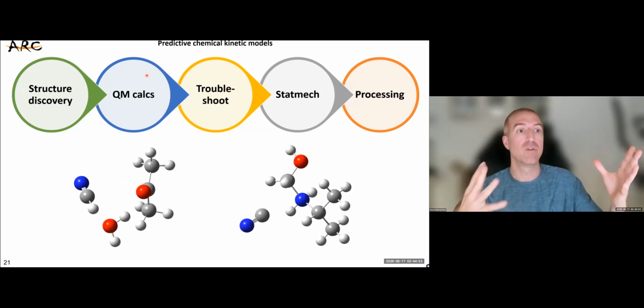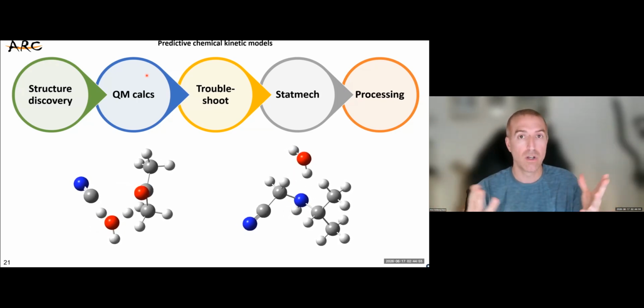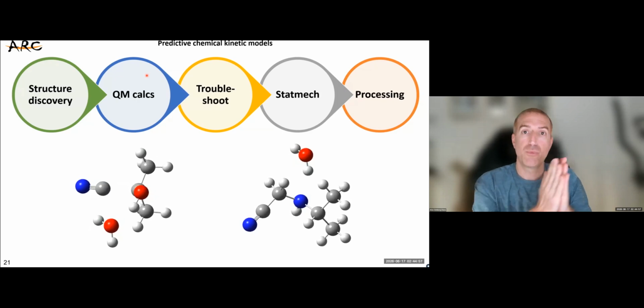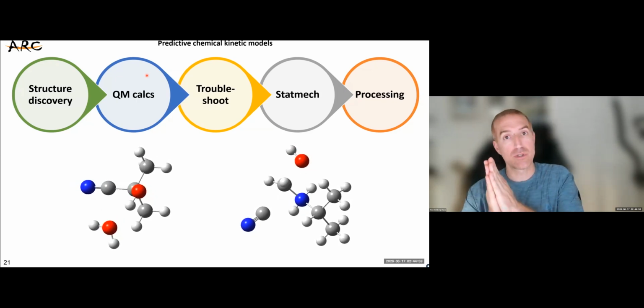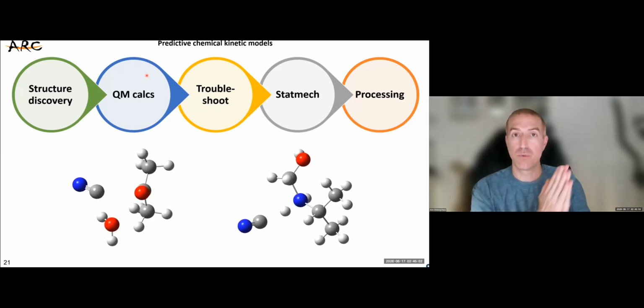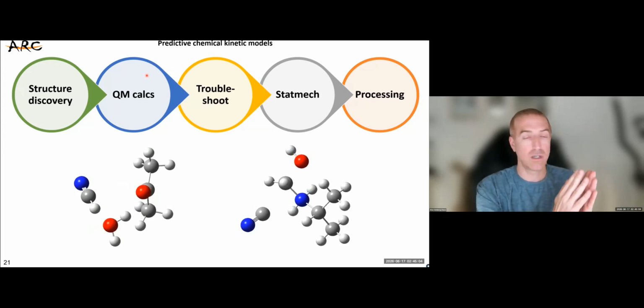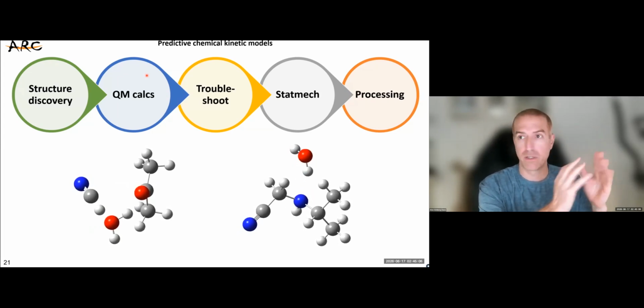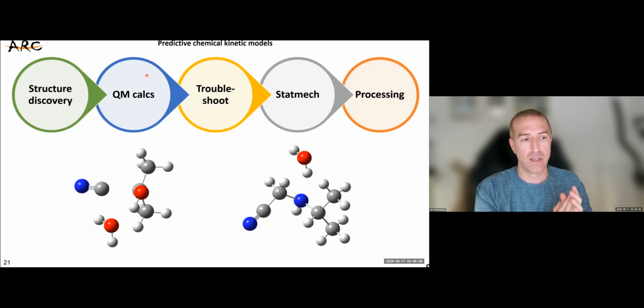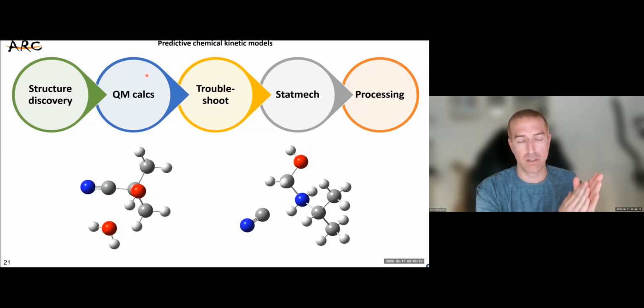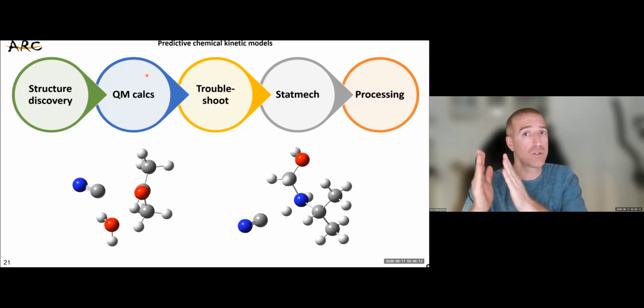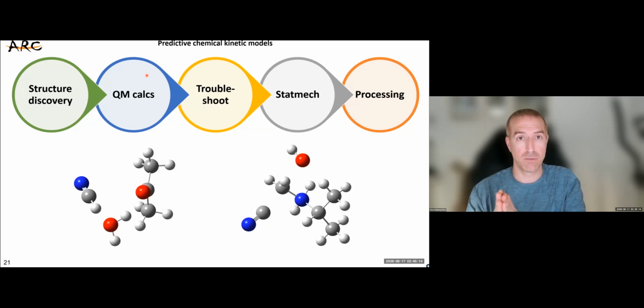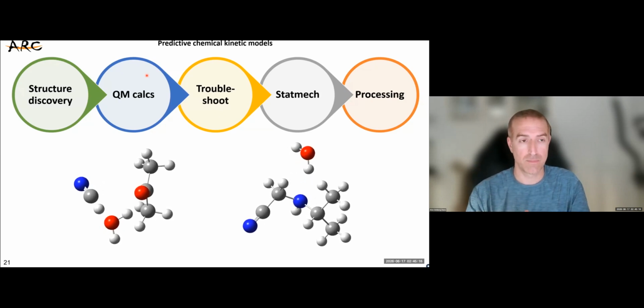So ARC can really be very flexible, and it can work with many proprietary and open source software tools. Proprietary tools could be Gaussian, MolPro, QChem, and TeraChem, all these tools for DFT and wave function, and also open source tools like Psi4, for example, to actually run the calculations.